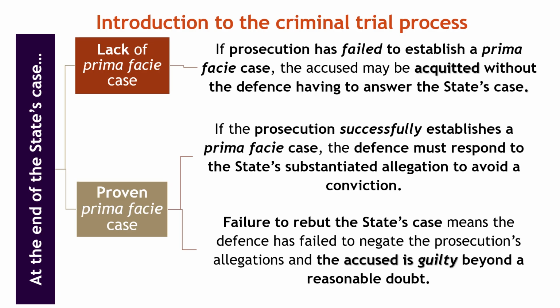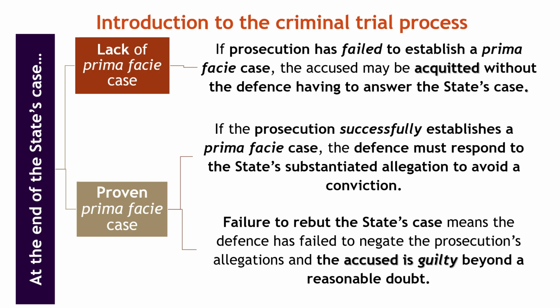This means that the defense must place evidence or a defense before the court or rely on weaknesses in the state's case to challenge or to refute the prima facie case against the accused. Now, this importantly does not shift the overall burden of proof, which is on the prosecution. That legal burden to prove the guilt of the accused beyond a reasonable doubt never changes.